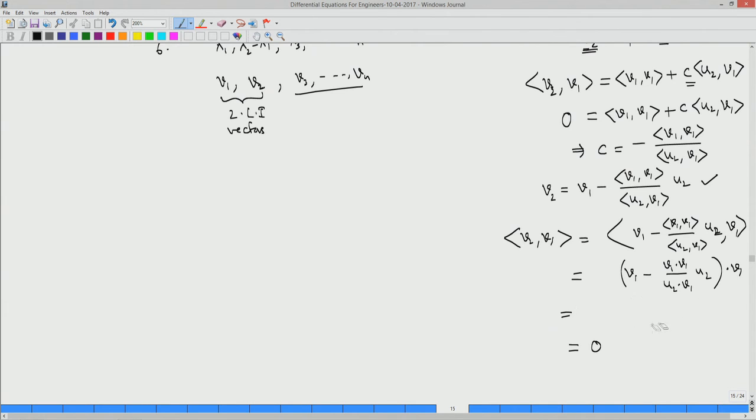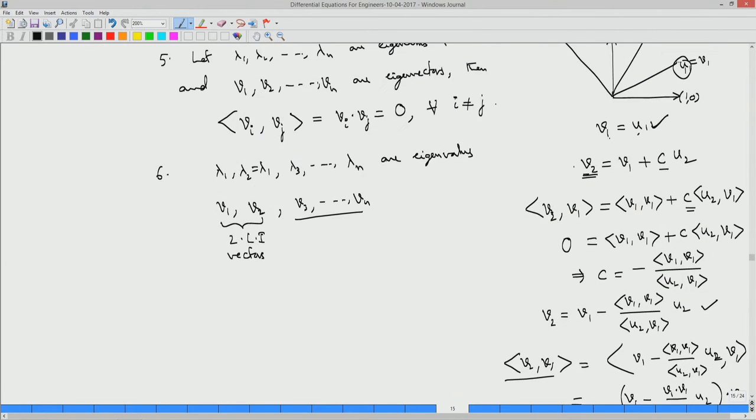It is easy to see if you do like this: V1 dot V1 minus V1 dot V1 by U2 dot V1 into U2 dot V1. So, this cancels, and what you are left with is V1 dot V1 minus V1 dot V1, which is 0. So, you see that V2 is orthogonal, meaning perpendicular, to V1. So, that is the meaning.